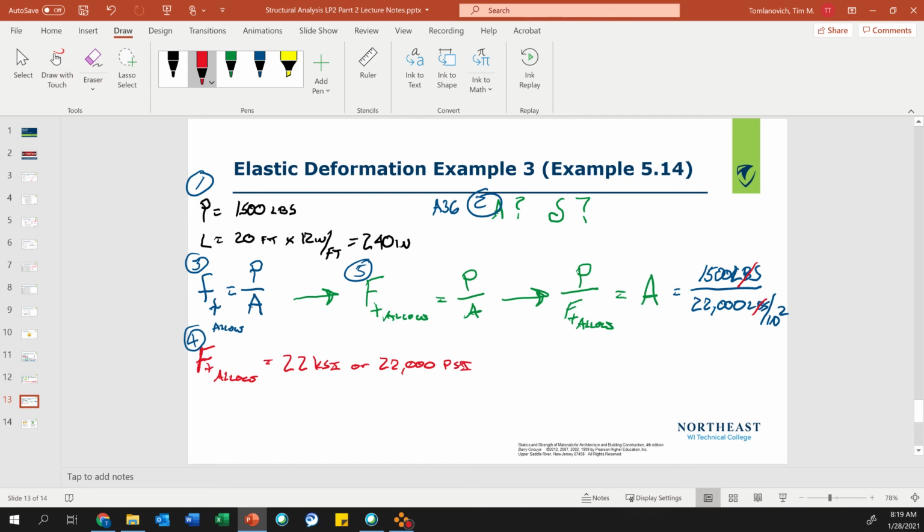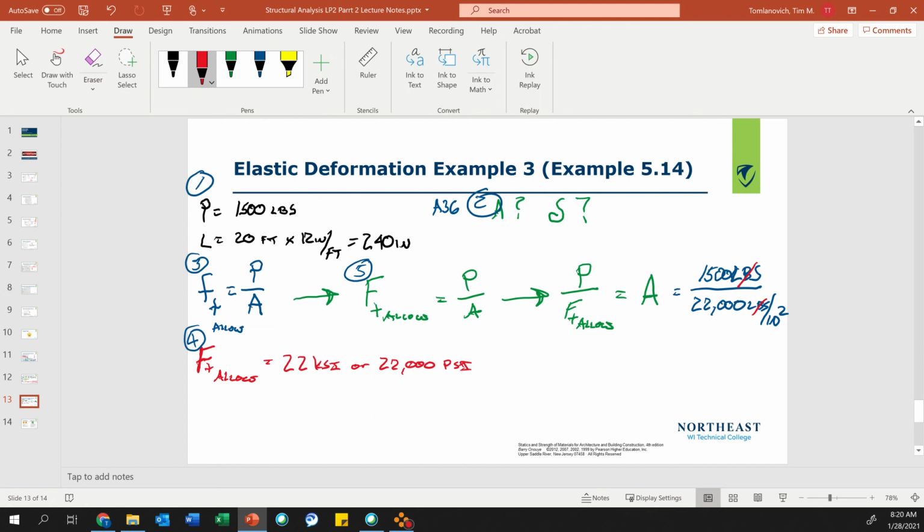1,500 divided by 22,000. Remember, like units: 1,500 pounds is 1.5 kips, and that's 22 KSI. Make sure your units are consistent.